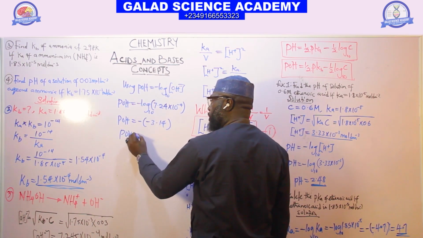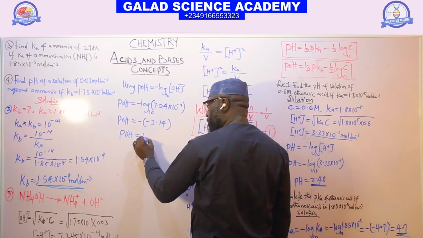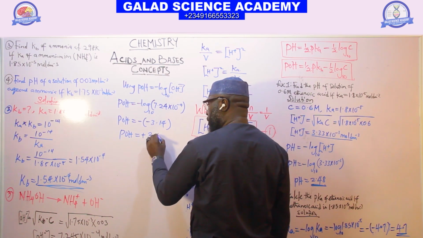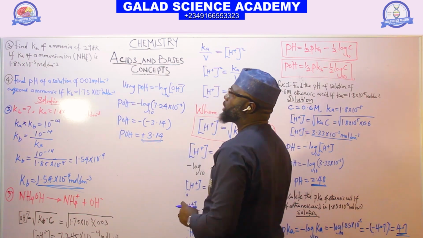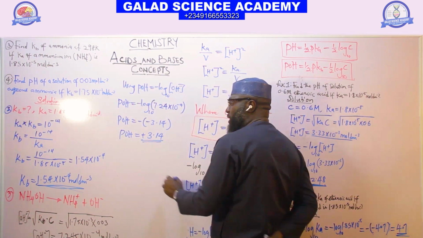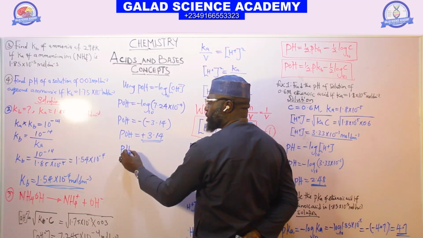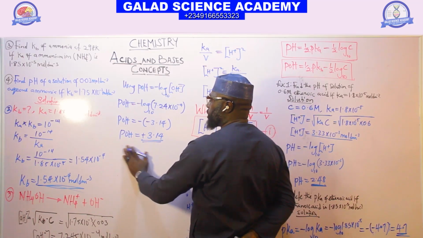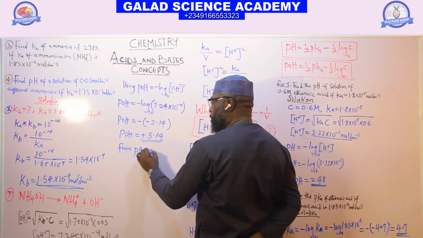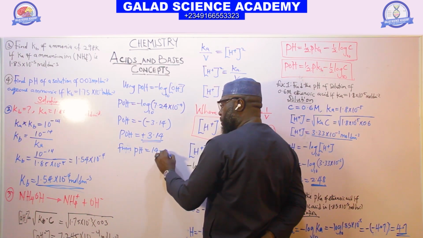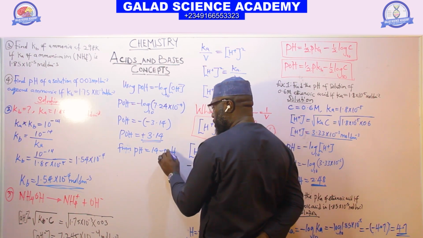Then pOH will be plus 3.14. But to know the pH, from the general formula, pH equals 14 minus pOH.